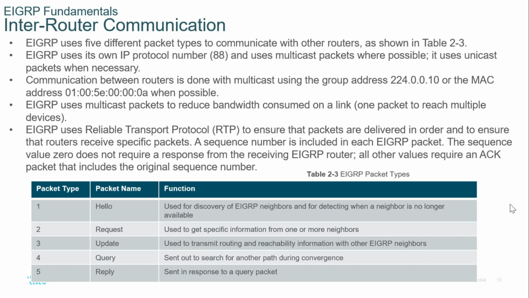So EIGRP ada address dia, OSPF ada address dia. Okay, so dia membezakan lah cara router tu communicate, sebab one router they can run multiple routing protocol processes. Dia boleh run EIGRP and OSPF at the same time, dan sebagainya lah. Jadi macam mana nak bezakan ini untuk EIGRP, ini untuk OSPF? Salah satu benda adalah gunakan multicast address ni lah.